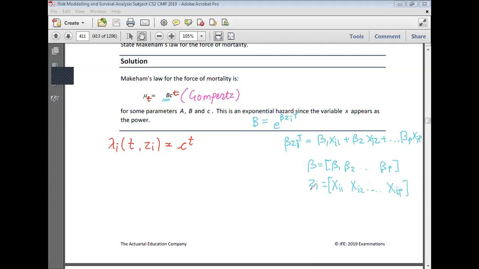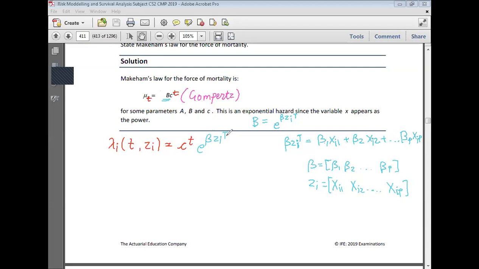To make this multiplication possible, I have to put a transpose here, so that when I do beta zi transpose, I get precisely the way I want this to be. So this is what you will have in the power of e here. So instead of writing b, now I'm going to write e raised to beta times zi transpose.